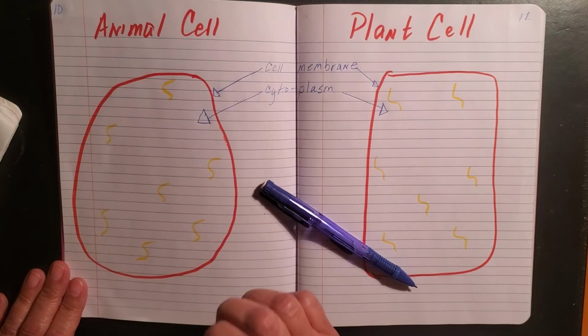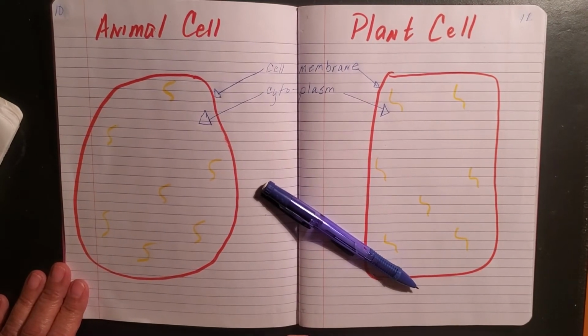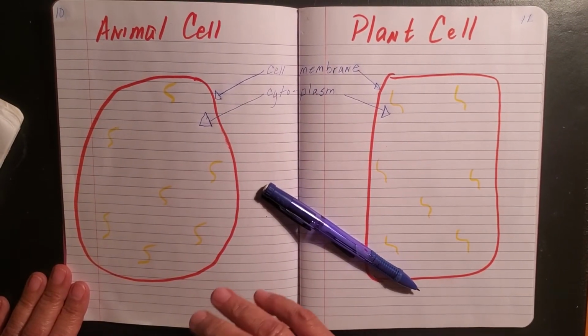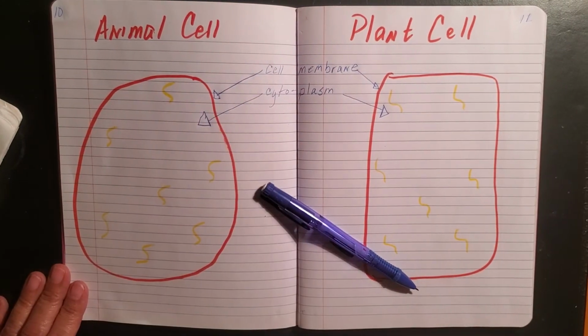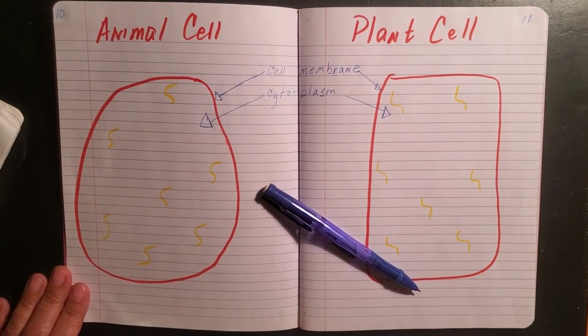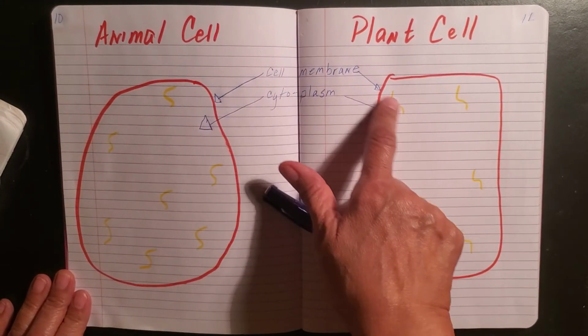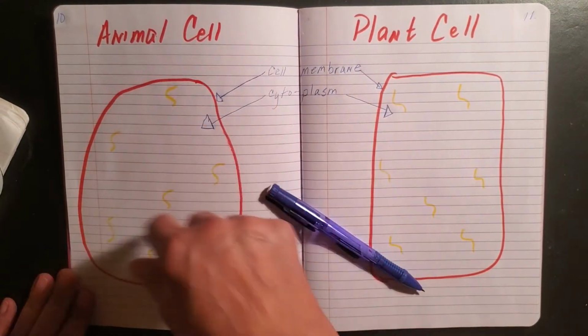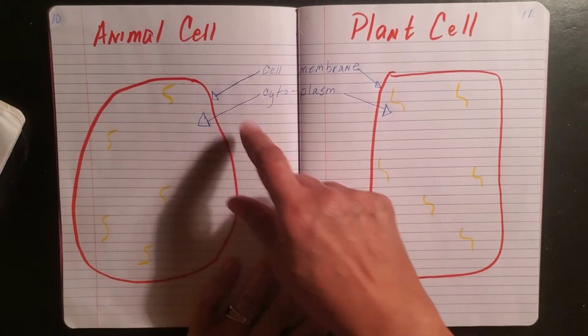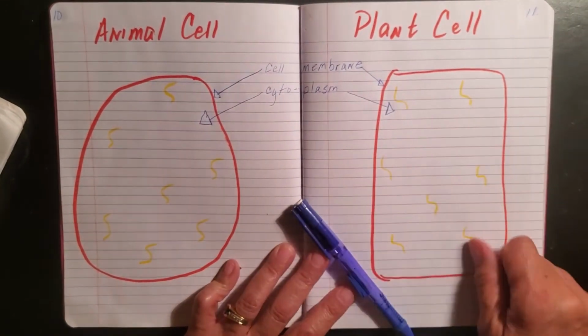Some of the smallest molecules like water, oxygen, and carbon dioxide can come in and out all they want all day. But the bigger things need permission. So again, cell membrane: outer covering, and its function is to regulate what comes in and out of the cell.